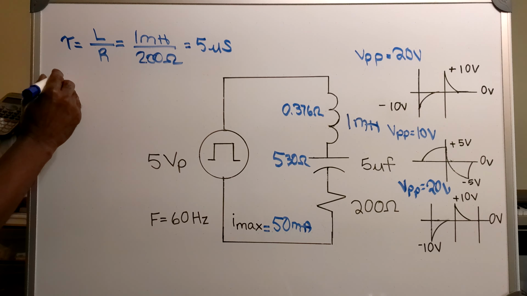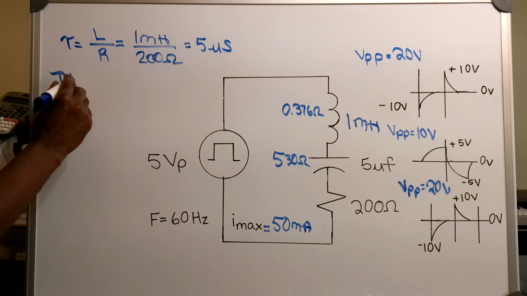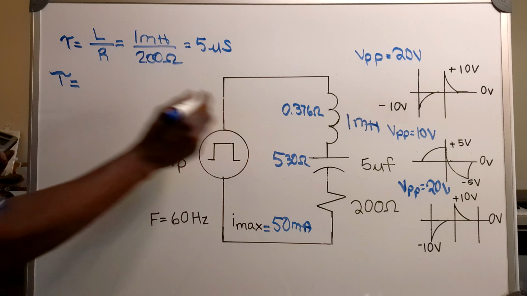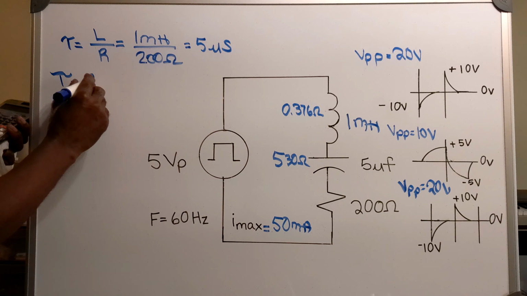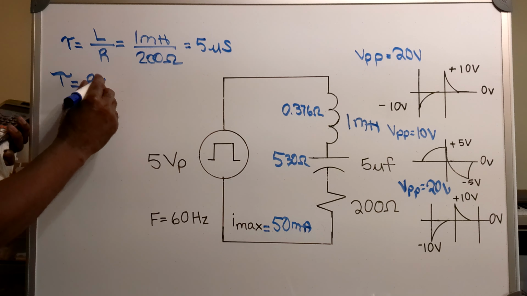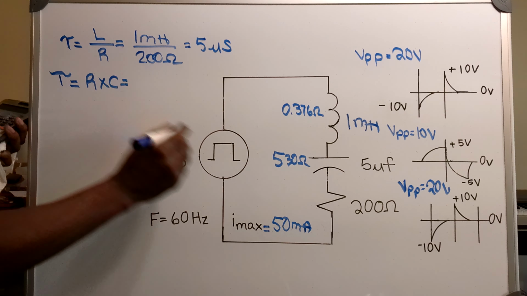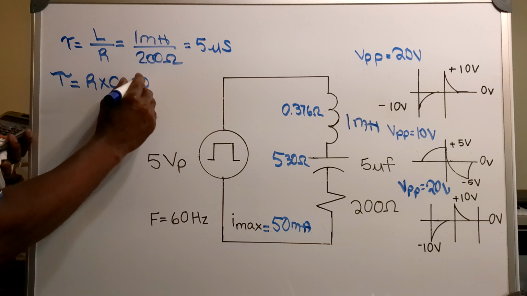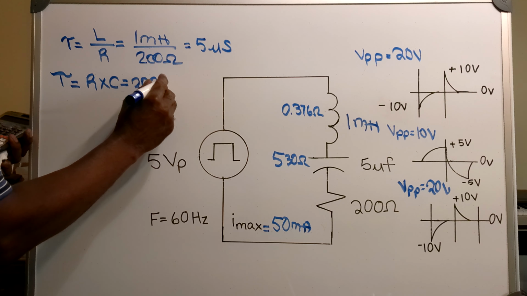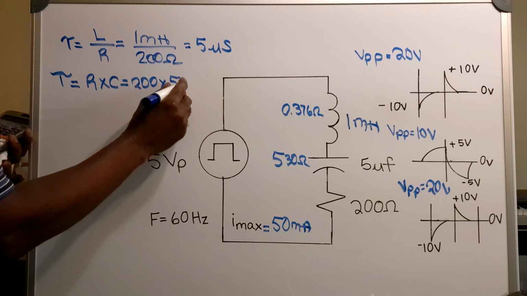And my tau for my capacitor equals my resistance times my capacitance, which equals 200 ohms times 5 microfarads.